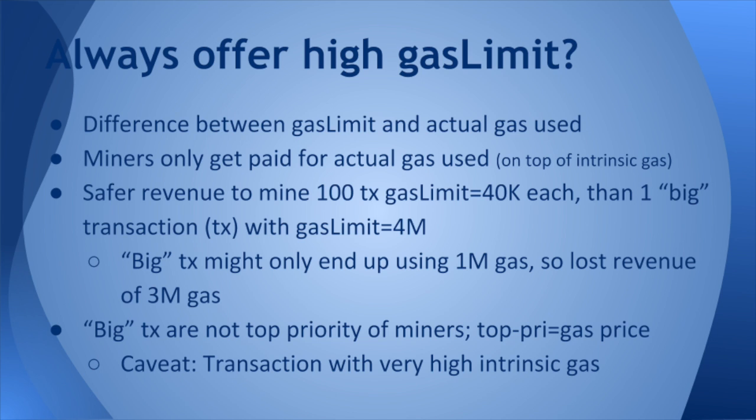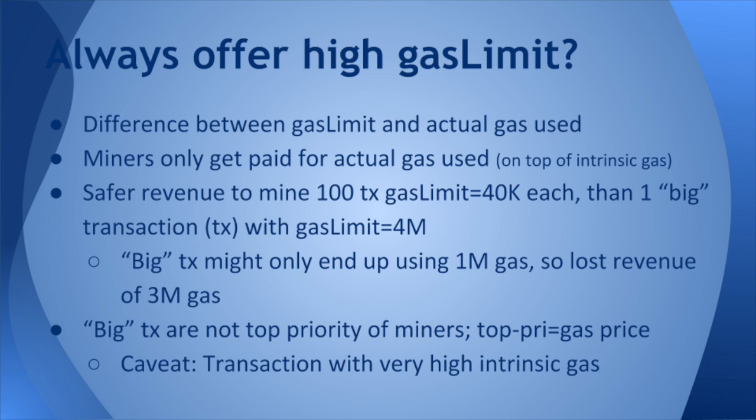Because if this was 4 million and gas used was only 1 million, then the miner has potentially lost this 3 million gas of revenue. So big transactions in this sense of a high gas limit are not the top priority for miners. Something like gas price would be more of a high priority for them.